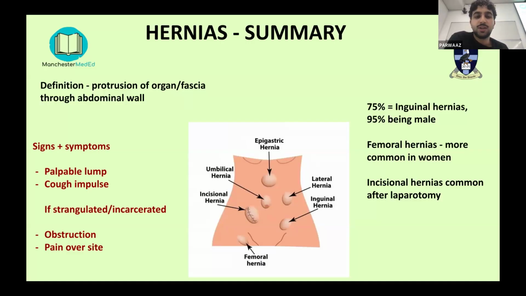And incisional hernias you'll see in post-op patients, like I said, after laparotomies and big incisions where they've essentially not sutured well enough, or sometimes they have structural defects that can cause the abdominal contents to herniate through. You can also get things like laparoscopic site hernias, etc. There are a lot of niche hernias that you don't need to worry about. But the main ones I would remember are inguinal, femoral, umbilical and incisional. Okay.